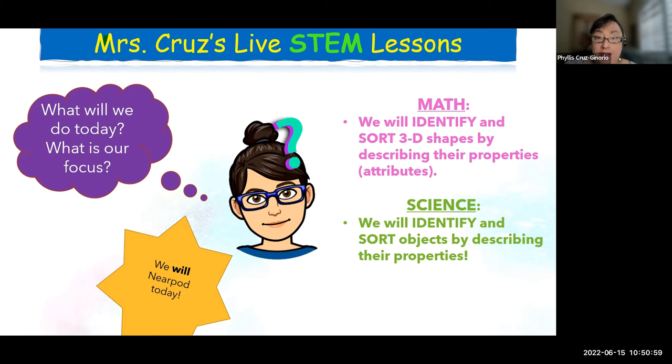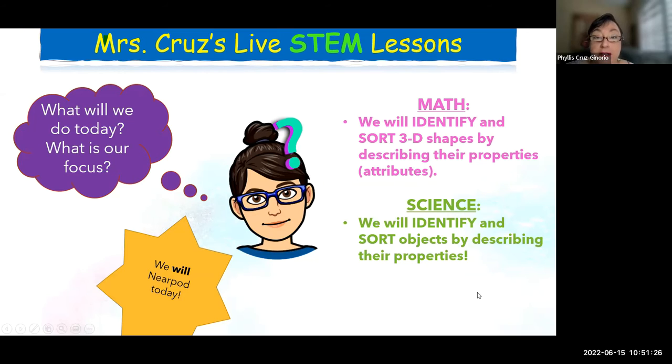So it's almost like using your senses to describe how things feel, touch, taste. It's sort of like describing so you can identify an object. It's like a mystery. I love mysteries. Let's move on and see what we can learn about sorting, identifying shapes and objects based on their properties.